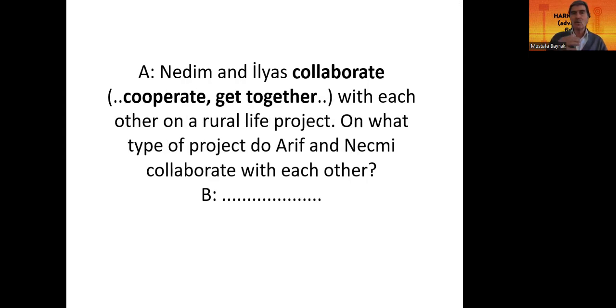Nedim and Ilyas collaborate or cooperate, get together, and collaborate with each other on a rural life project. On what type of project do Arif and Necmi collaborate with each other?